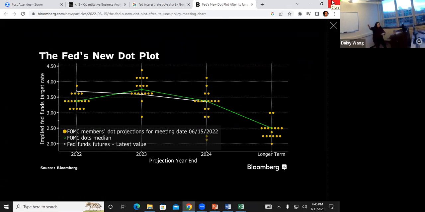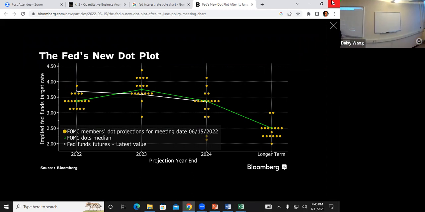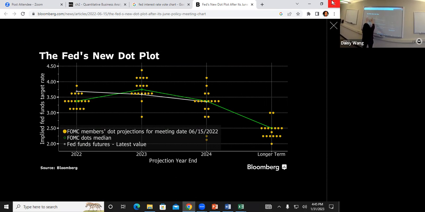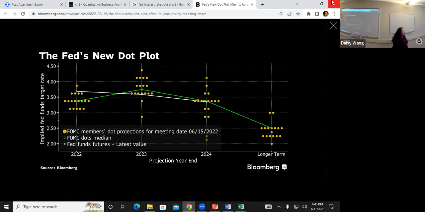So it's like this, okay? I have people voting here. This is one time voting, 2022, and then 2023, they want to move. They think the rate should come here, and then in 24 it should go down, and then longer term, around here. So this is their vote, okay?